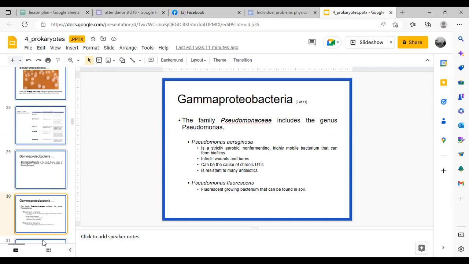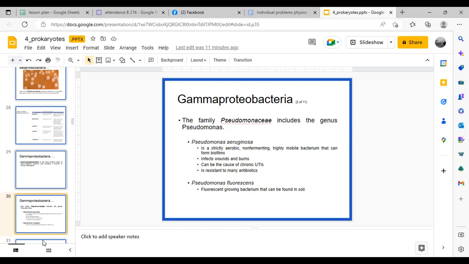So under this, you have the genus Pseudomonas. Okay, you have the species Pseudomonas aeruginosa. So this is aerobic, non-fermenting, and very motile bacteria. So they can form biofilms.